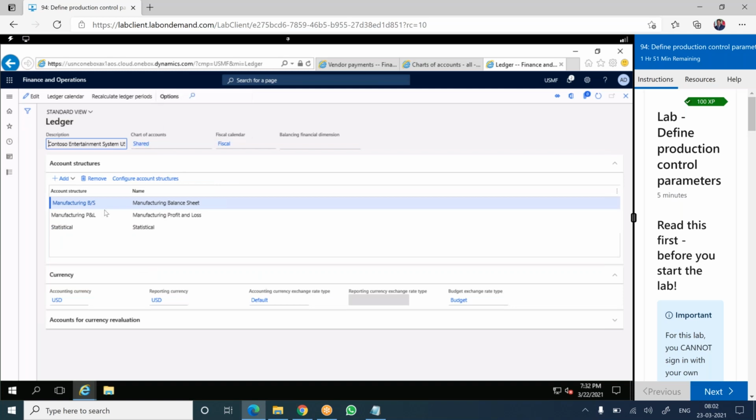I need to explain this one a lot. The ledger form is equal to the head, the human head. Without a head, a human being cannot survive. In the same manner, Dynamics AX or Dynamics F&O will not work without this one. This is most important. You need to understand each and everything clearly after some time, not now. Slowly I'm introducing these words.